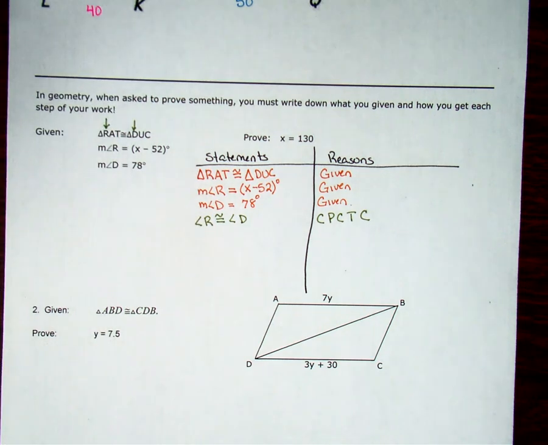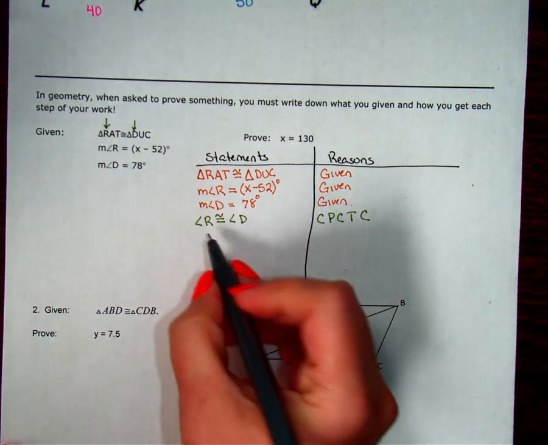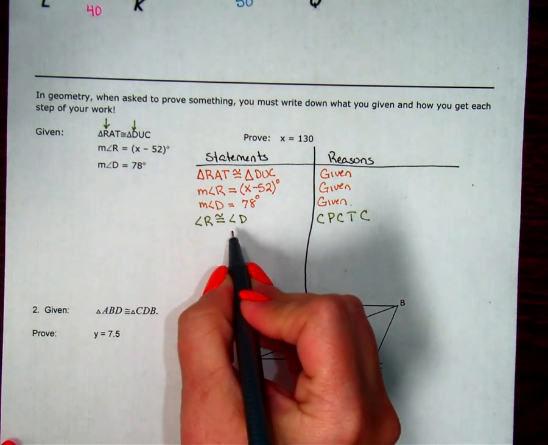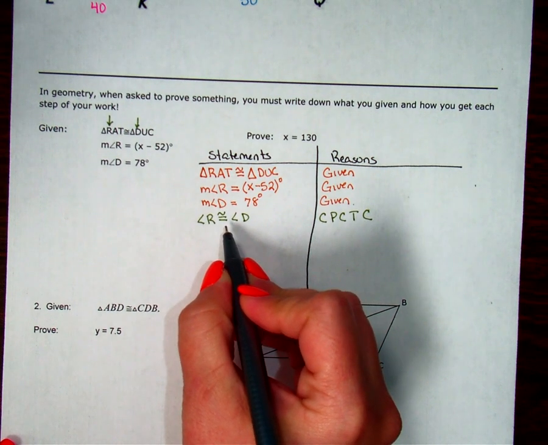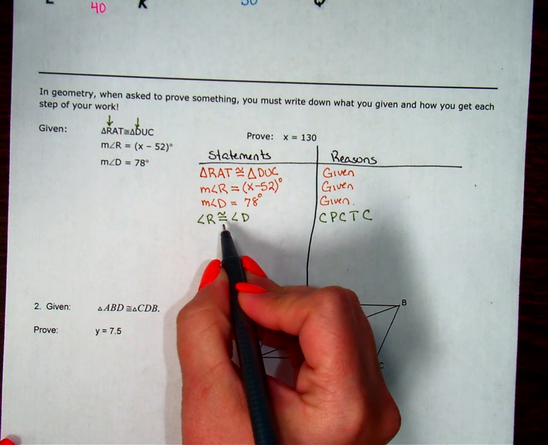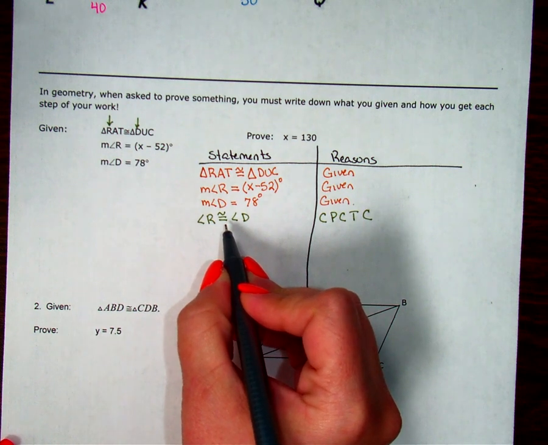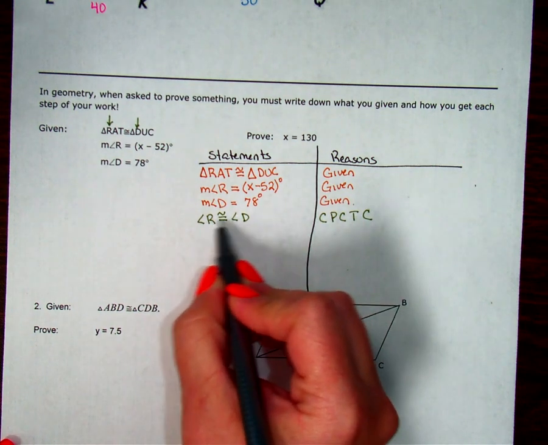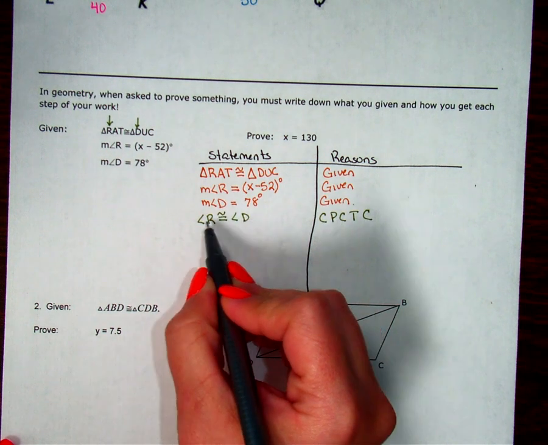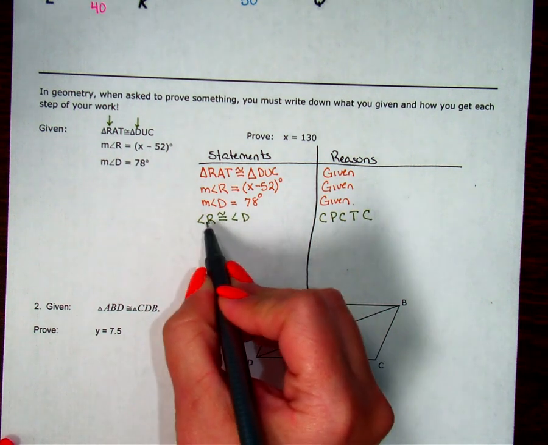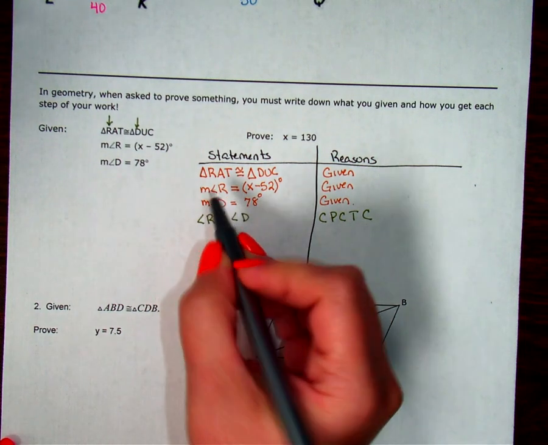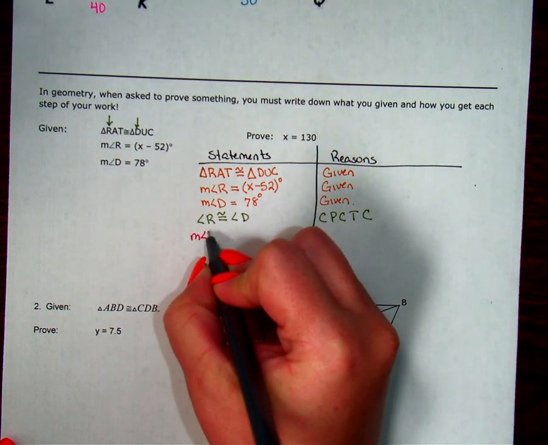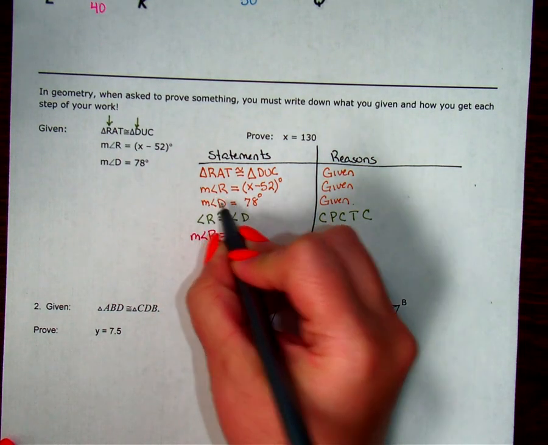If these are congruent, the definition of congruence is that congruent things have equal measures. So congruent angles, which is what we have here, angle R is congruent to angle D. Congruent angles have equal measures. So the measure of angle R is going to be equal to the measure of angle D.